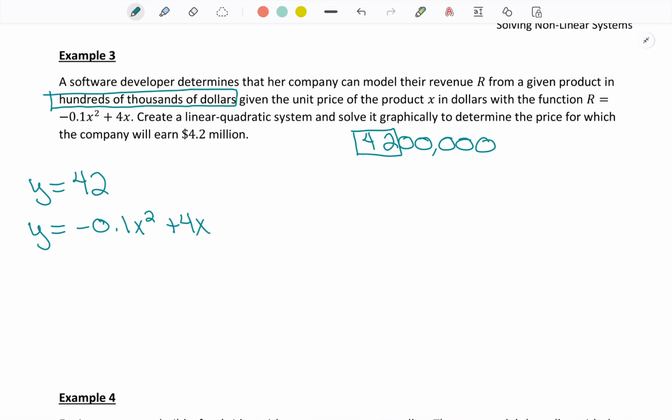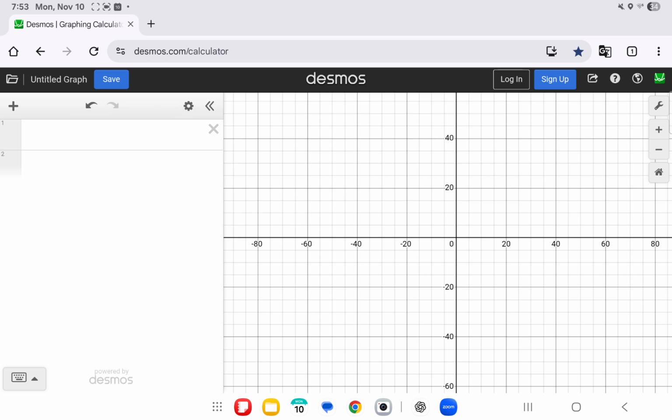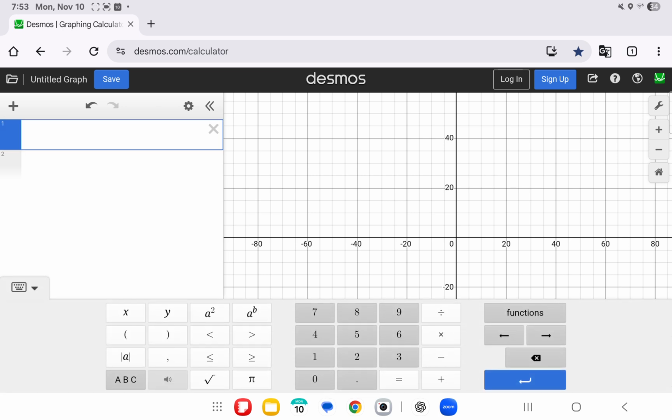So what we're going to do is we are going to go and put these equations into Desmos and see where and if they cross. So let's go ahead and put these equations in.